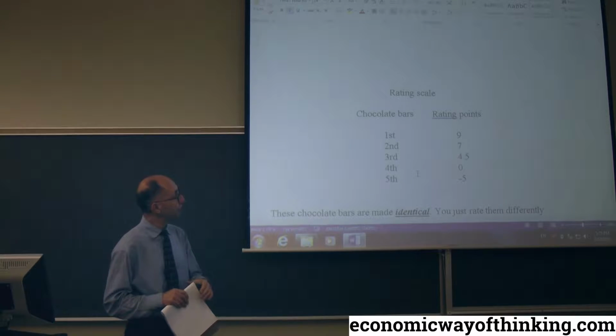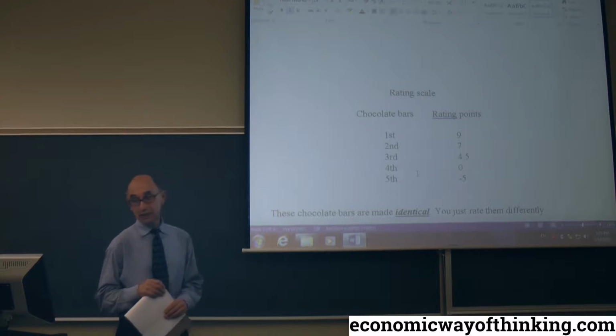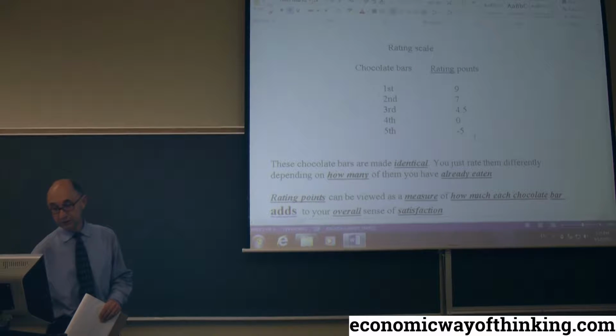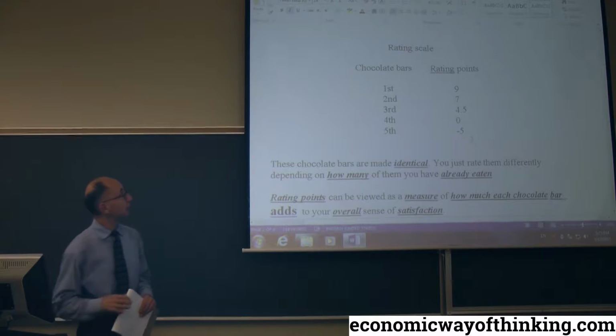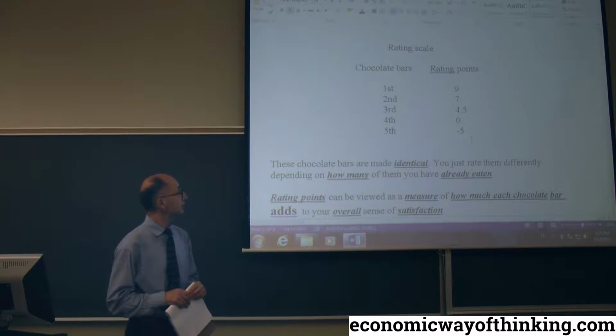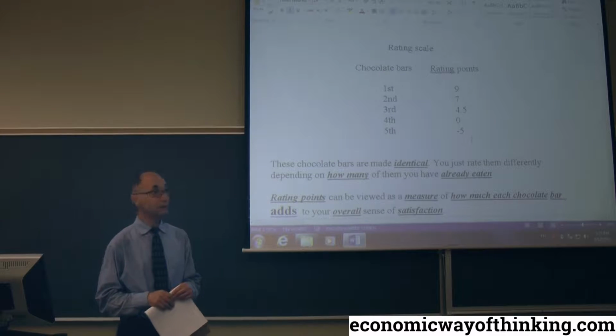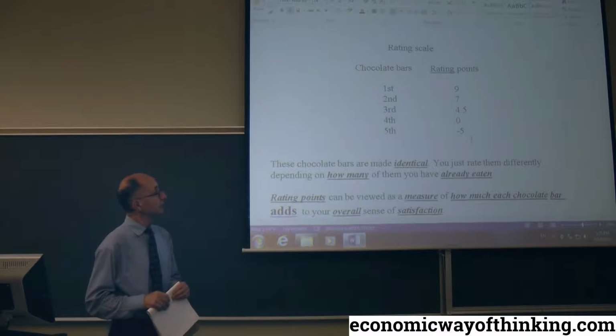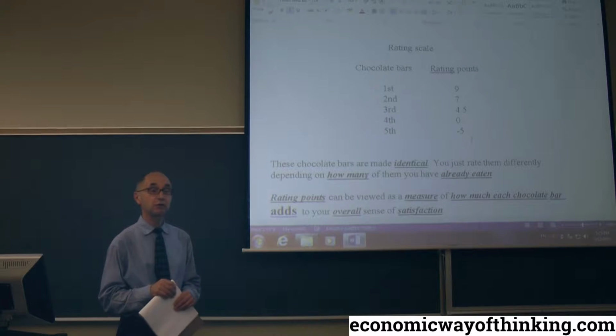The third, 4.5, and so on. If you look at this diagram, you will realize that all the bars that you've eaten are identical. They're all the same. But you rate them differently depending on how many of them you have already eaten.